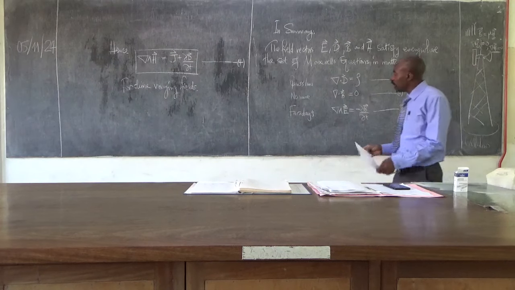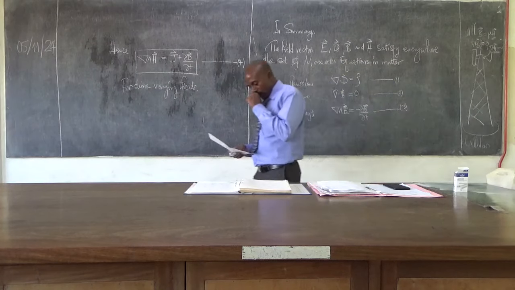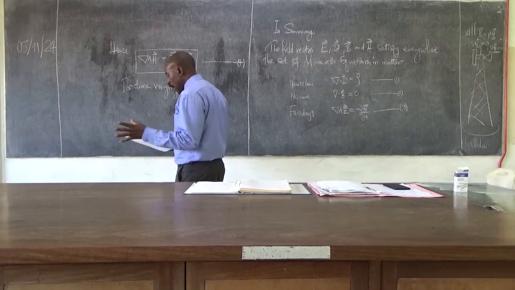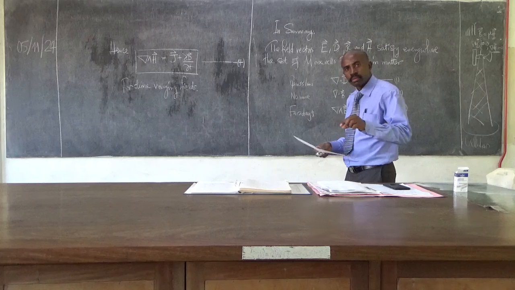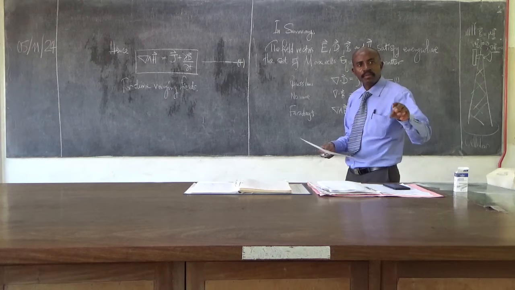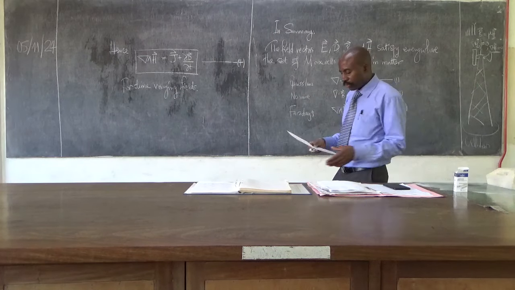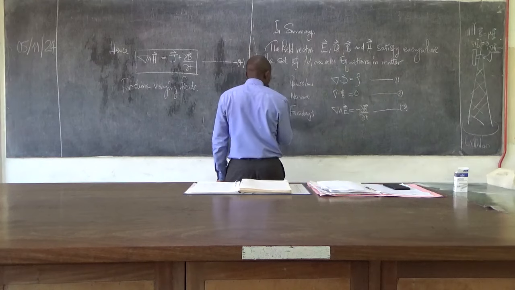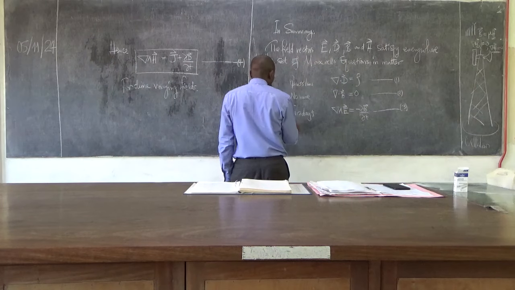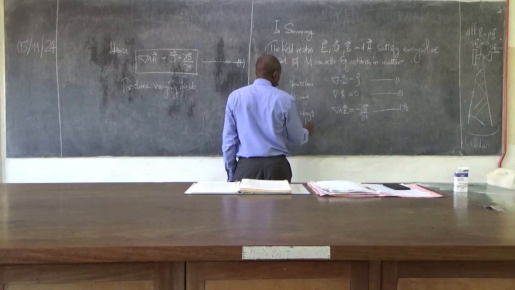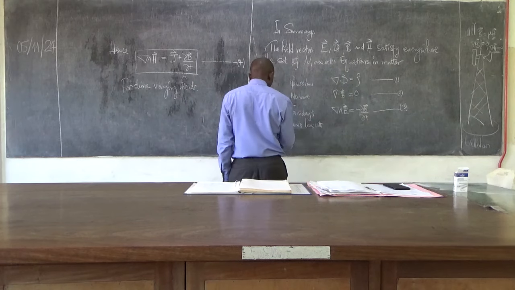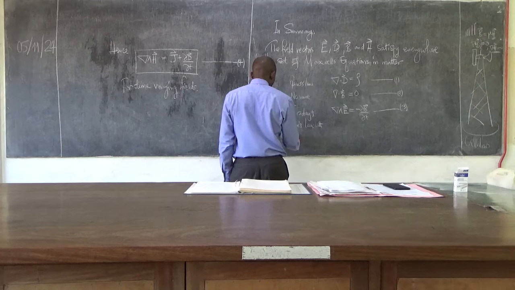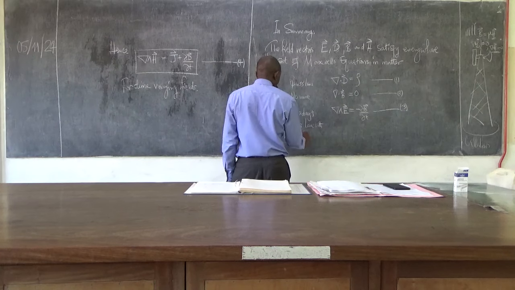And then finally, we get the Ampere's law, which was the curl of H equal to J, but with Maxwell's correction to take care of the time varying fields. So this is Ampere's law with Maxwell's correction.